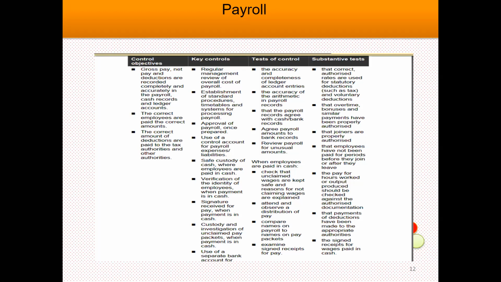They check payroll month on month. So if it's going overboard, it means that we need to investigate what is the reason for it. Then approval of payroll. Payroll has to be approved.